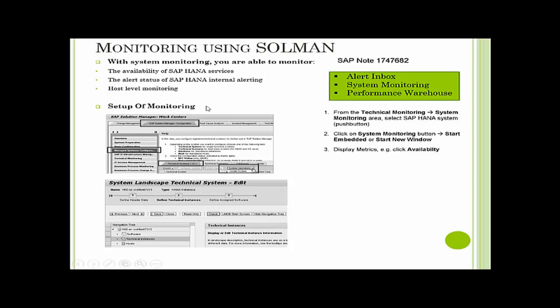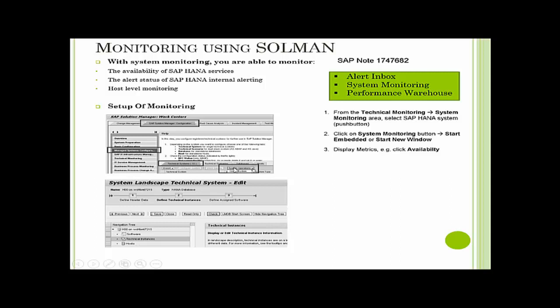So coming to setup of monitoring, this is the work center. We have different steps available here. Once we open the transaction SOLMAN_WORKCENTER, we have to click on the tab SAP Solution Manager Configuration, and choose Managed Systems Configuration here, and then choose the tab Technical Systems.